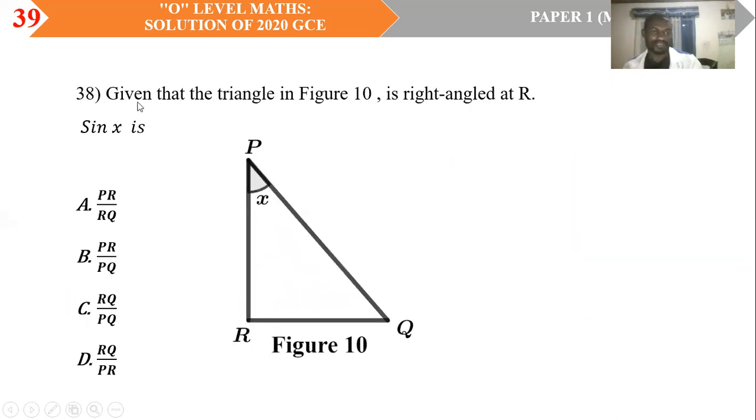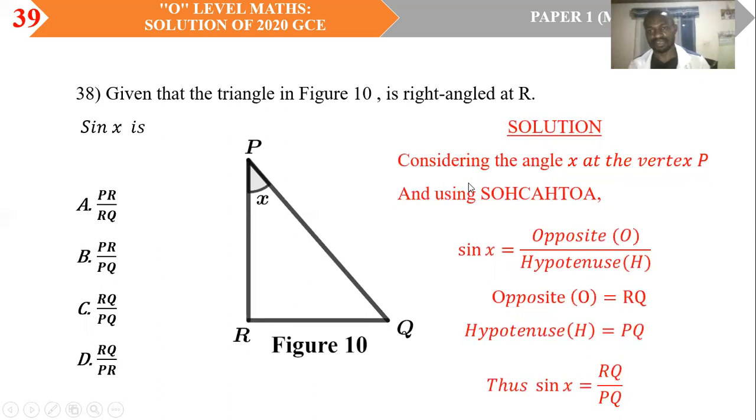Question 38. Given that the triangle in figure 10 is right angled at R, sin x is... Solution. Considering the angle x at the vertex P and using SOHCAHTOA, sine is equal to opposite over hypotenuse.